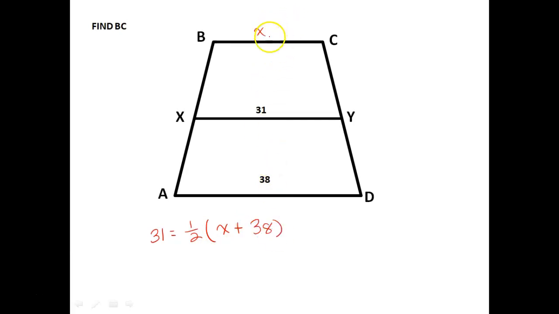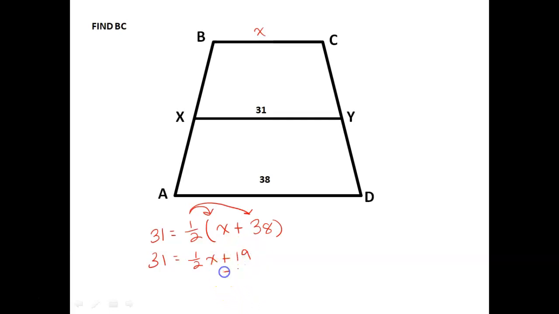Okay, so base 1 is X, base 2 is 38. And then you solve. The easiest thing to do is to go ahead and multiply both sides by 2 to get rid of your fraction, or you can go ahead and distribute the 1/2. So if you distribute the 1/2, you have 31 equals 1/2 X plus 19.